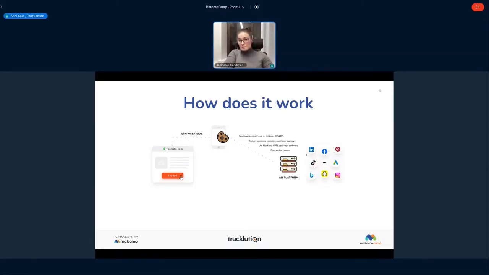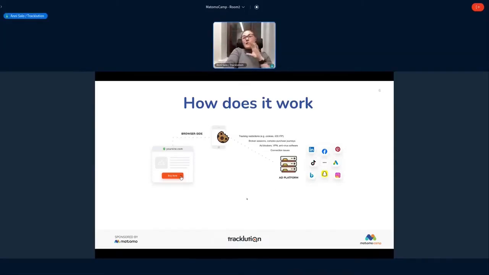This means that your ad platform will be blind and missing the sales, meaning that your algorithm is trying to find users who will buy from you, and you're missing, let's say, half of the data from the ad platforms. How can the algorithm work efficiently if it's missing, let's say, half of the data?